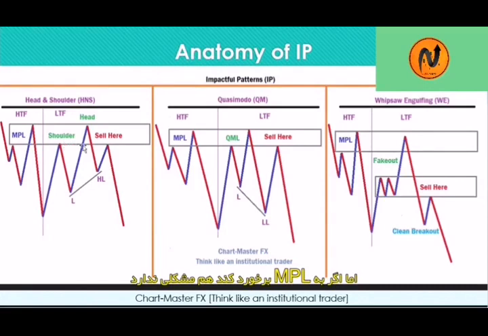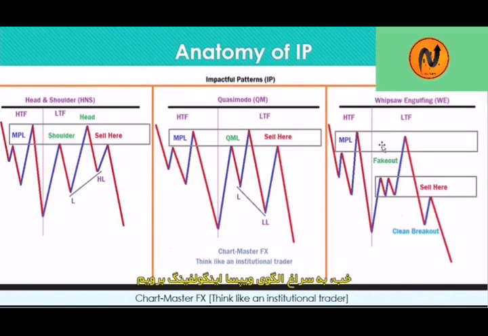The only condition that we don't want to see happening is this head actually engulfing the decision point. Once you see that thing happening, then it violates the terms of the impactful patterns. I think, guys, you are understanding what I'm trying to say.